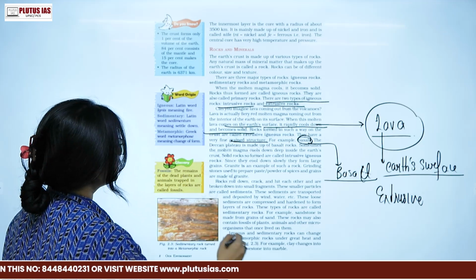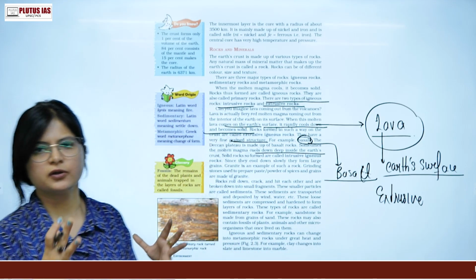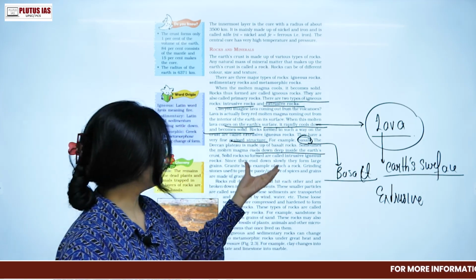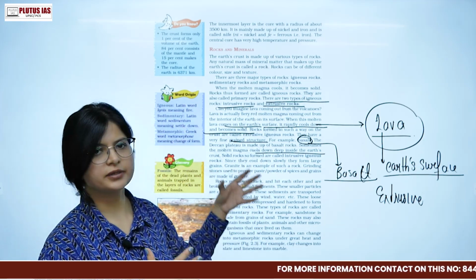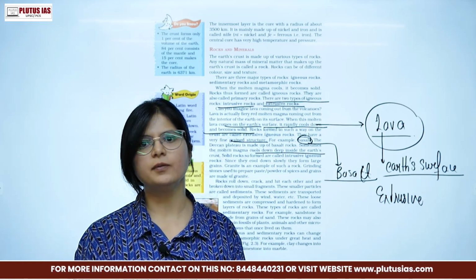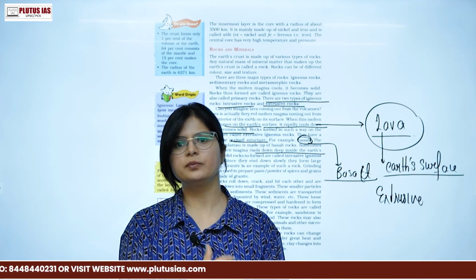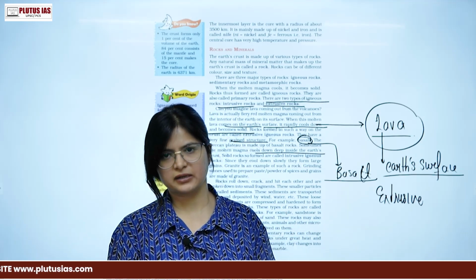Sometimes the molten magma cools inside the earth. We call it intrusive. When the magma is not able to come out of the earth, but it forms a shape inside the earth itself in different forms, that you will later read in the 11th class.